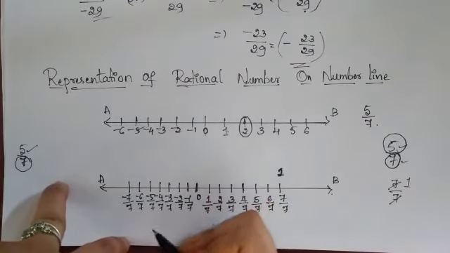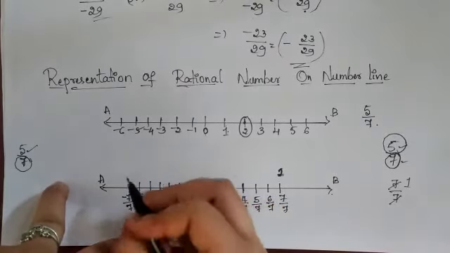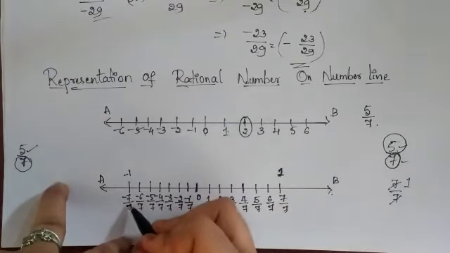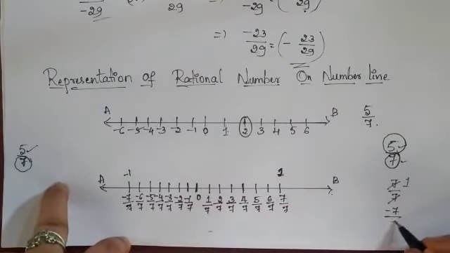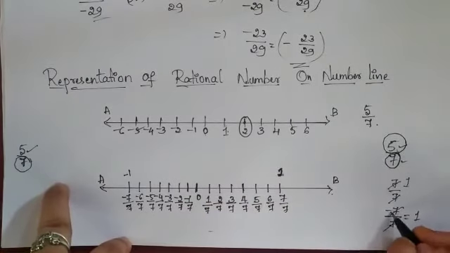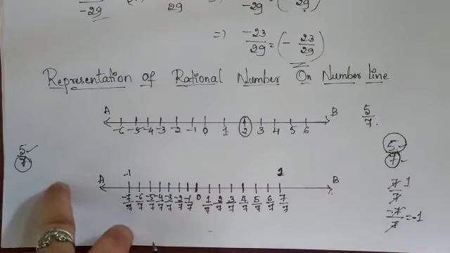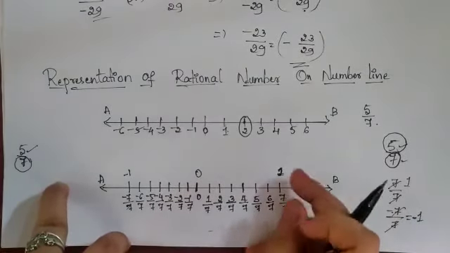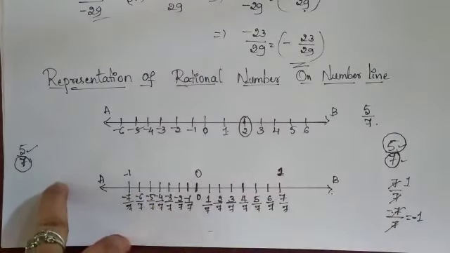Minus 7 divided by 7, 7 and 7 cancel, so remaining is 1 with the negative sign. So it becomes minus 1. So 0 is here, positive 1 is here and negative 1 is here.